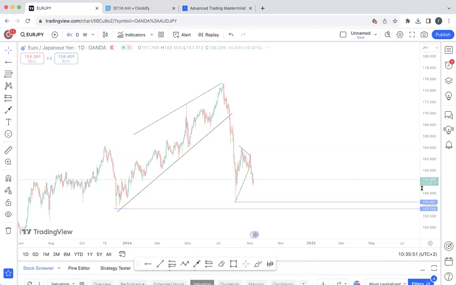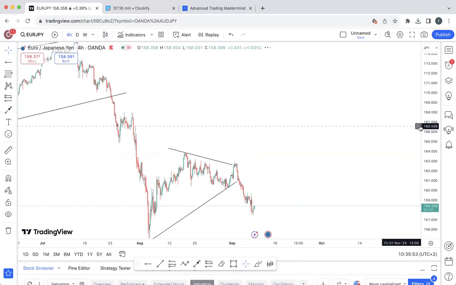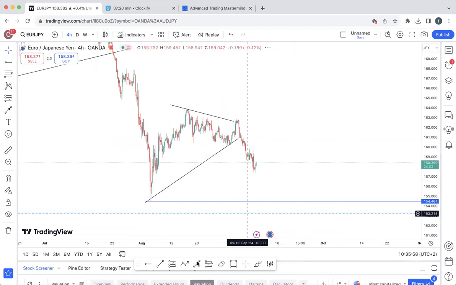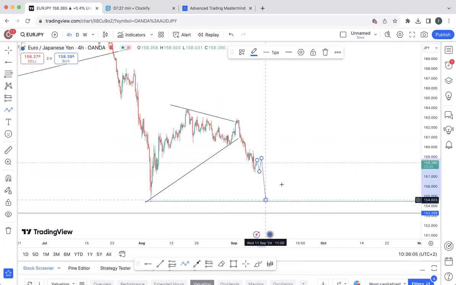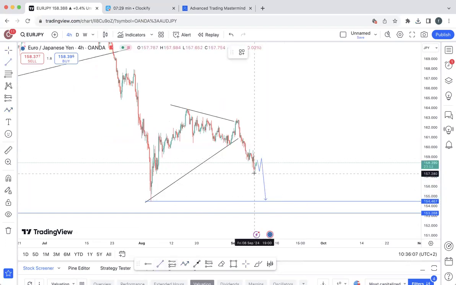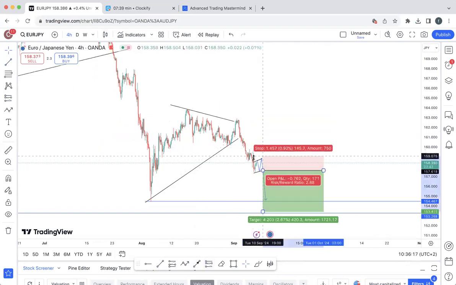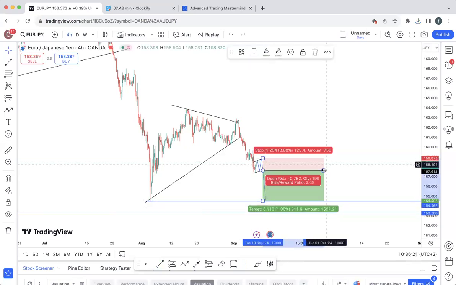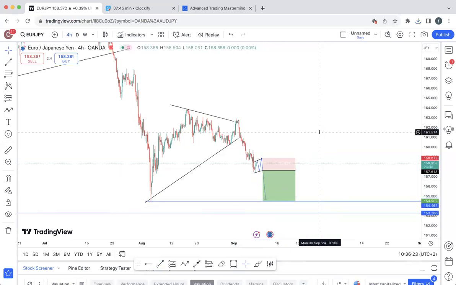Just a simple continuation pattern that we can use to execute those sells to the downside, something along these lines. And from the breakout, stops above and take profit all the way to the downside. So that's how I'm looking at the euro over the Japanese yen.